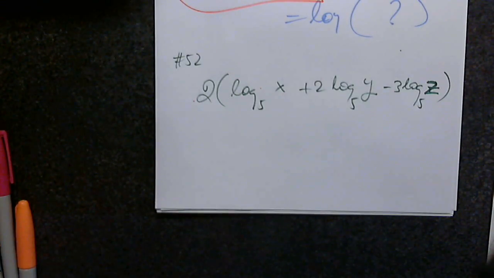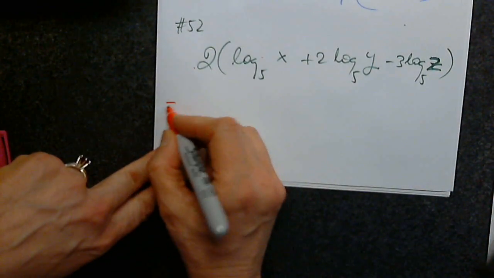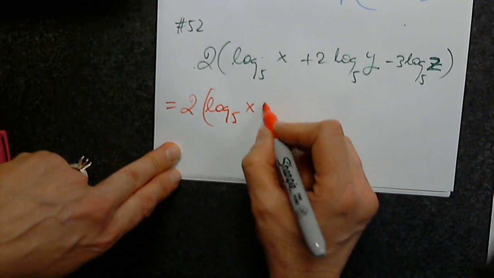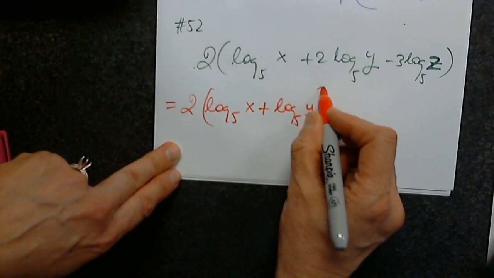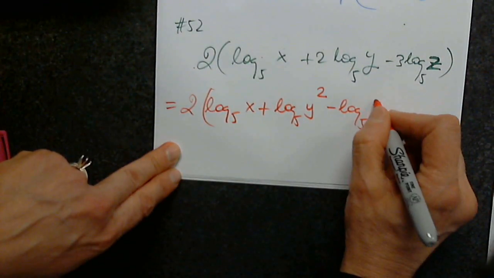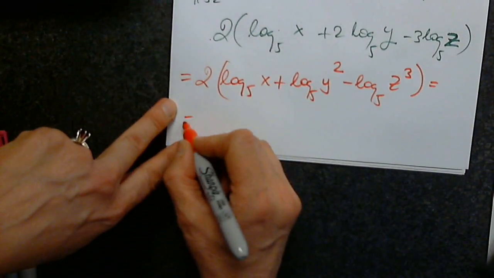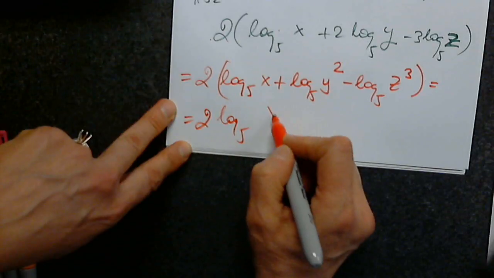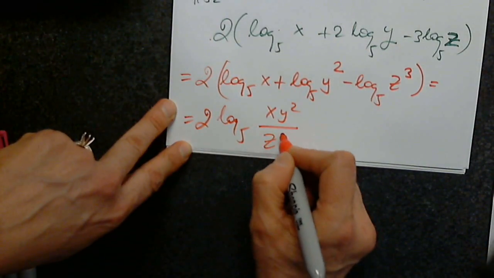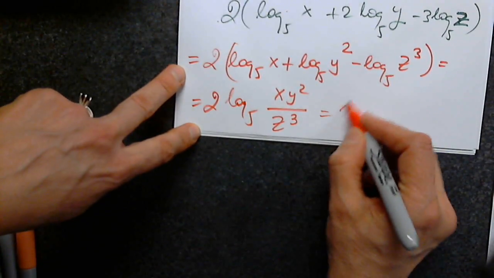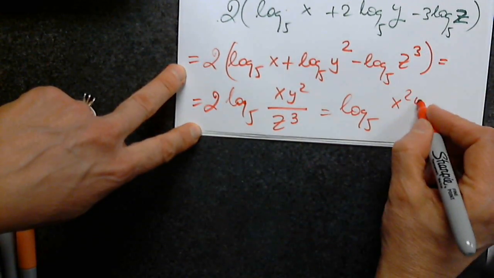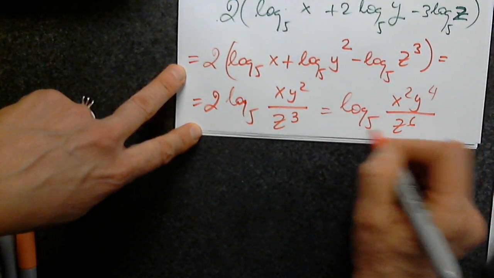Do we have the answer? Okay. So here is what I would have done. 2 times log base 5 of x plus log base 5 of y squared minus log base 5 of z cubed, and then 2 times log base 5 of x y squared over z cubed, and then I would have said log base 5 of all this to the power 2: x squared y to the 4th over z to the 6th.